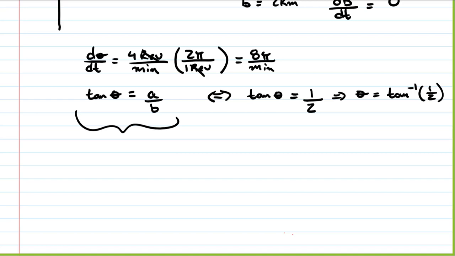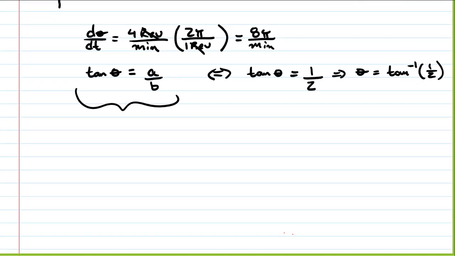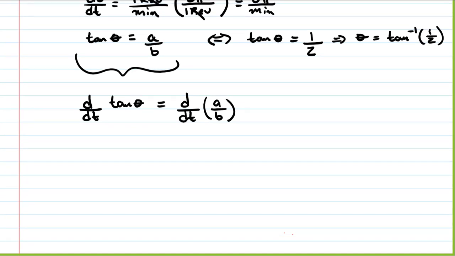The tangent of theta is equal to A divided by B. So we take our derivative, d dt of tangent theta is equal to d dt of A divided by B. On the left-hand side, the derivative of tangent is secant squared. So we're going to get secant squared theta times d theta dt is equal to, and now we need to take the derivative of this side.